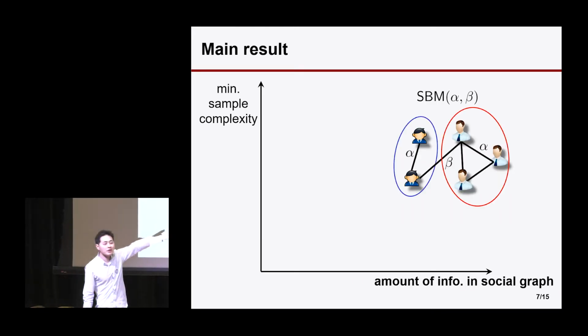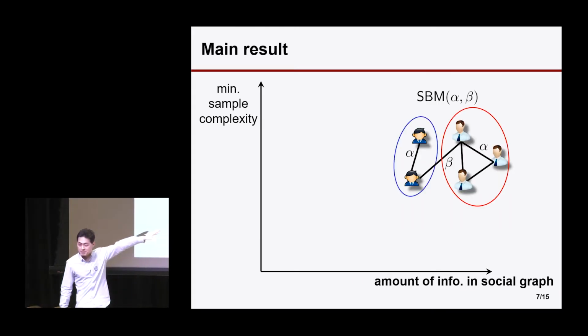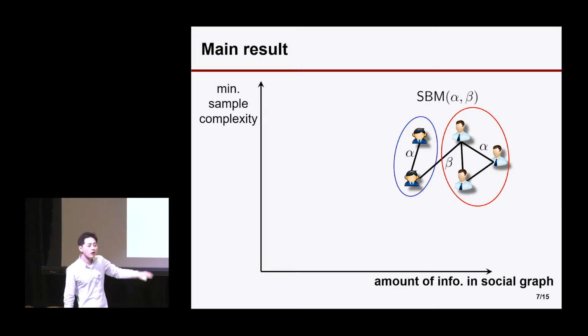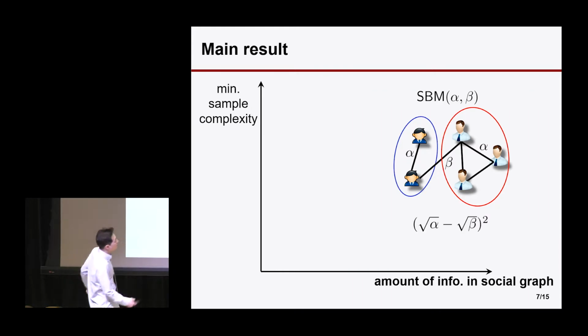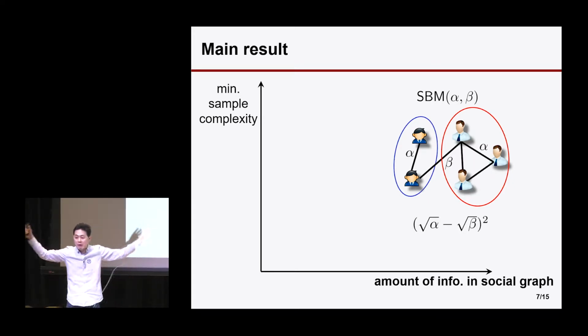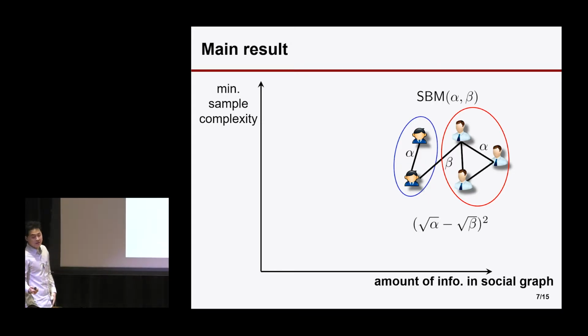Remember that we consider which model? The SBM model, right? In the SBM model, we have two parameters, alpha and beta. Here, the one key observation is about this distance. You can see that if this distance, square root of alpha minus square root of beta, is bigger, that means what? It is easier to classify, right?